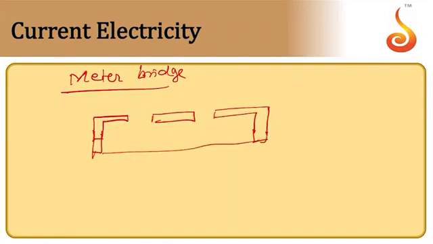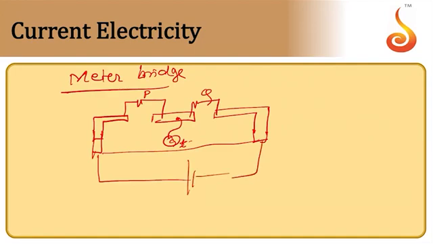This is a wire of length L, or say 1 meter, and here is a resistor P, and here is one more resistor Q. I can call it as P and Q, and there is a sliding contact connected to galvanometer, and this is connected to a source of potential difference.